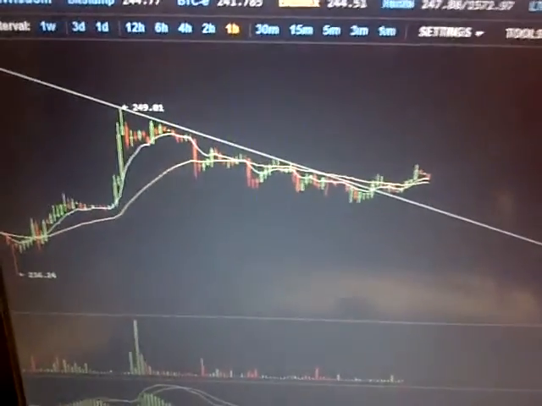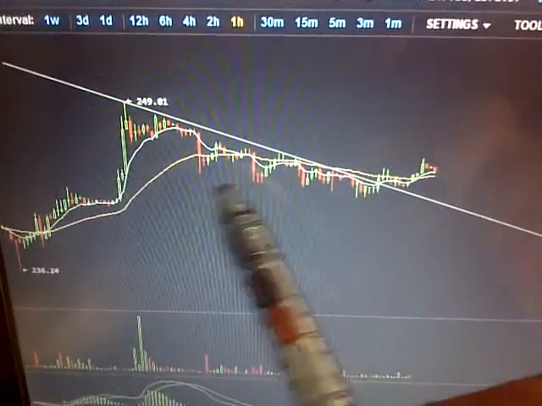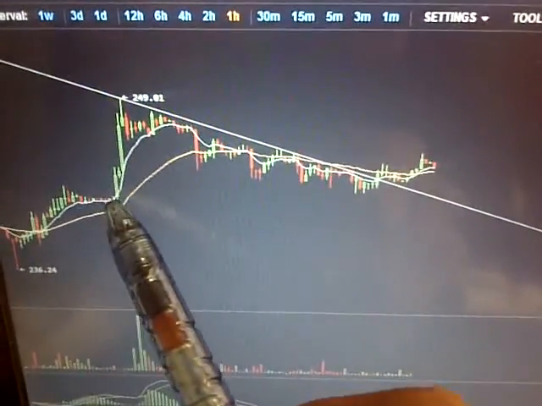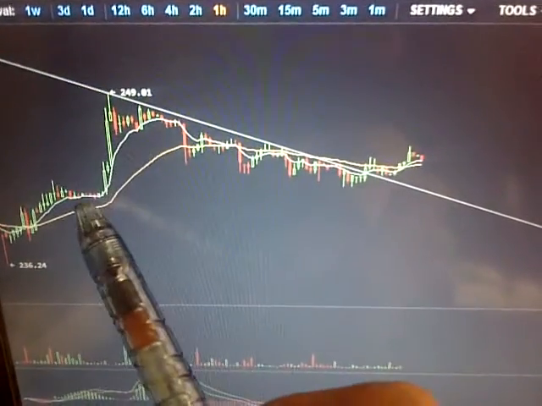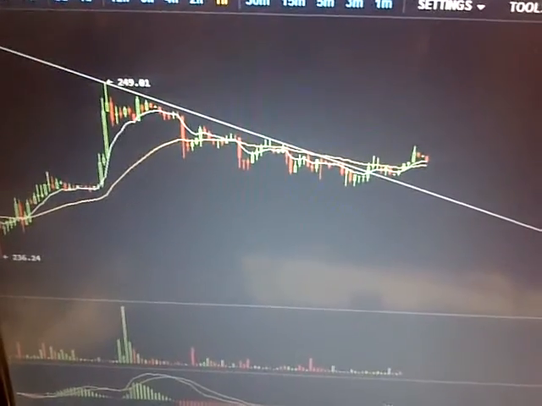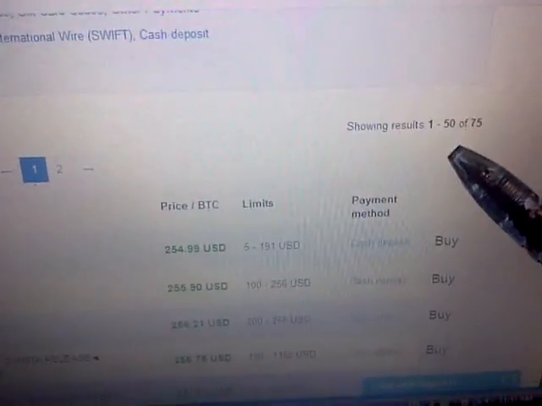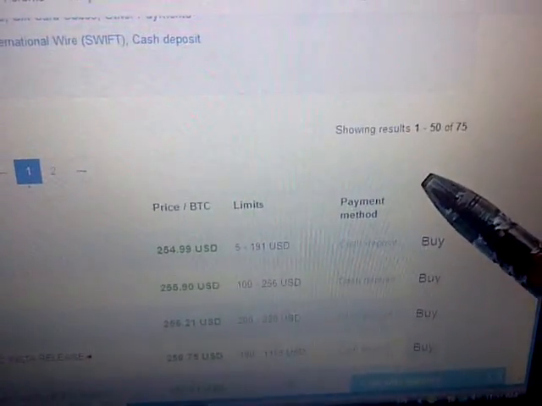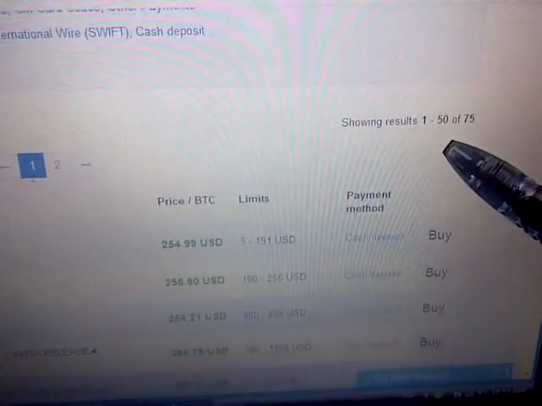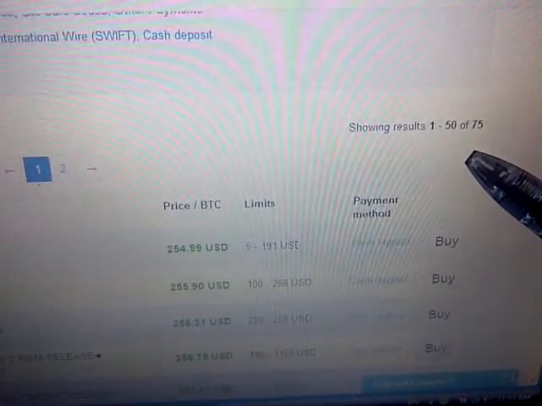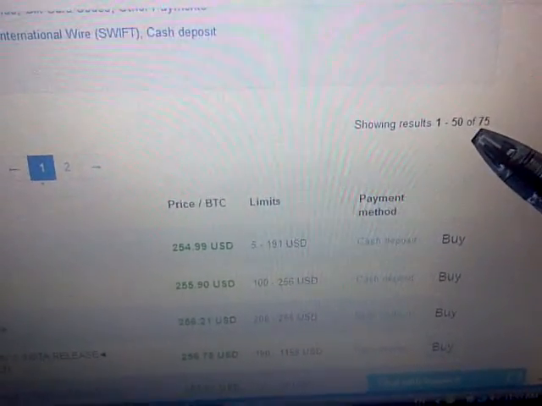Anyways, my point is, around this time, the amount of people on local Bitcoins, I know it doesn't really matter at night or in the morning, but usually when the trading day is over, the 75 goes back to around 50, maybe 40.